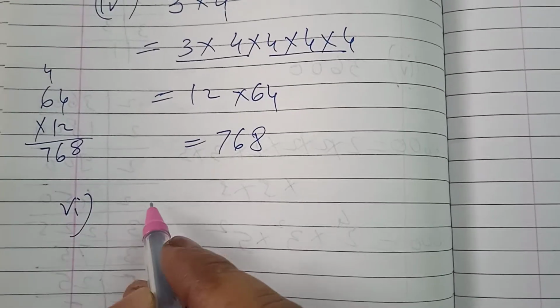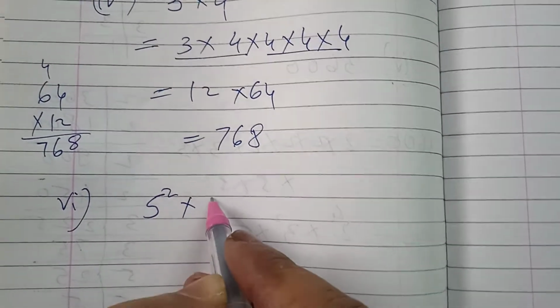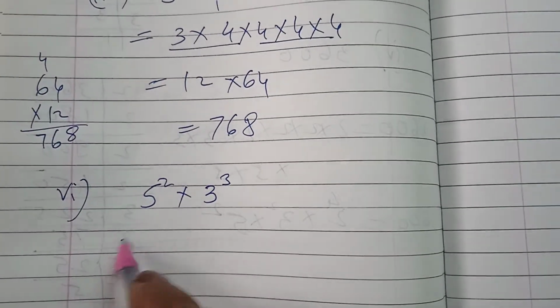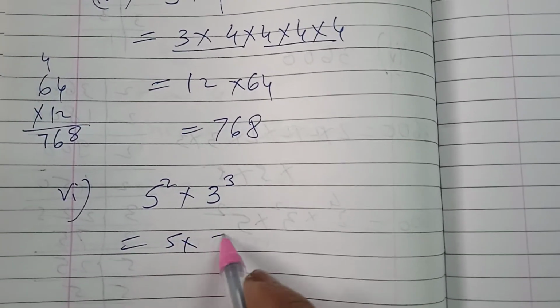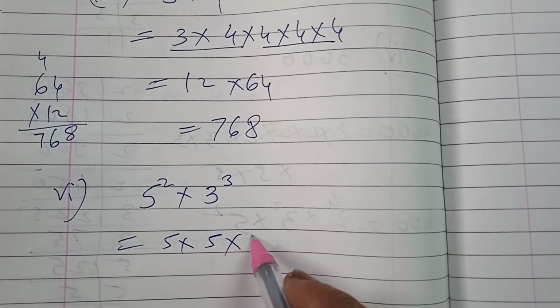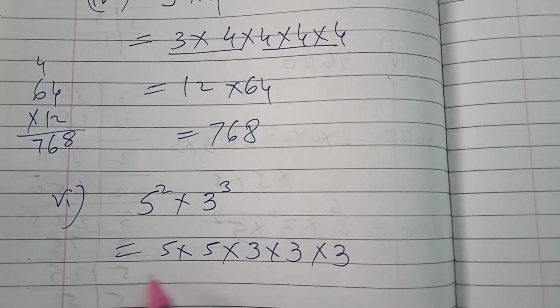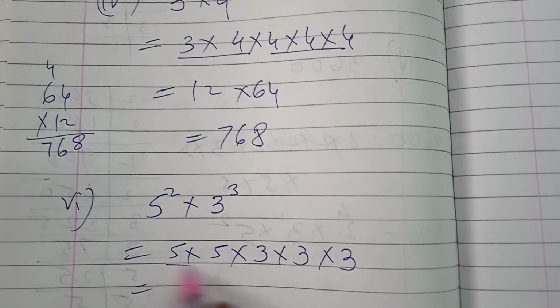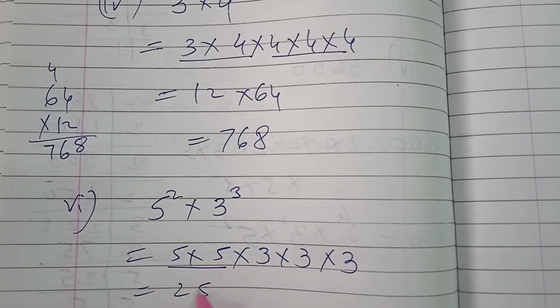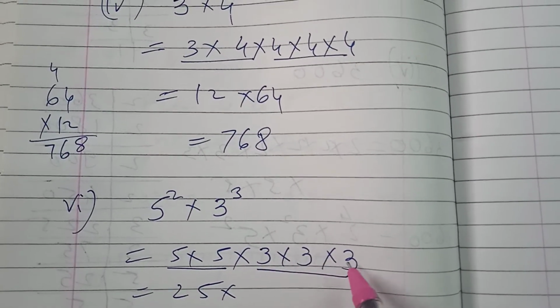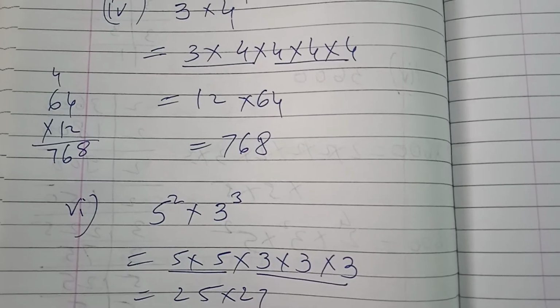Here the next is 5 power 2 into 3 power 3. 5 power 2 means we write here 5 into 5 two times, and 3 power 3 means we write 3 three times. Now we do multiplication. 5 into 5 means 25. Then 3 3s are 9 and 9 3s are 27.